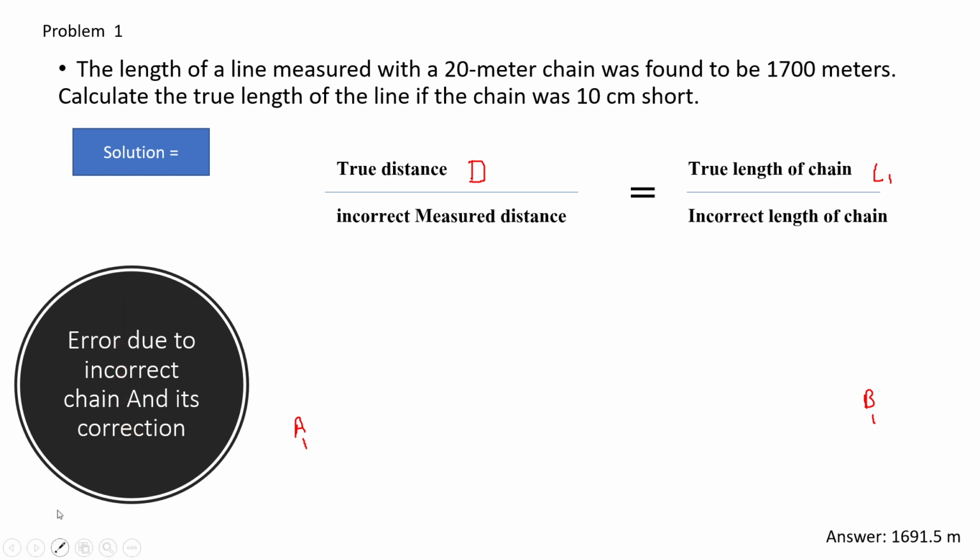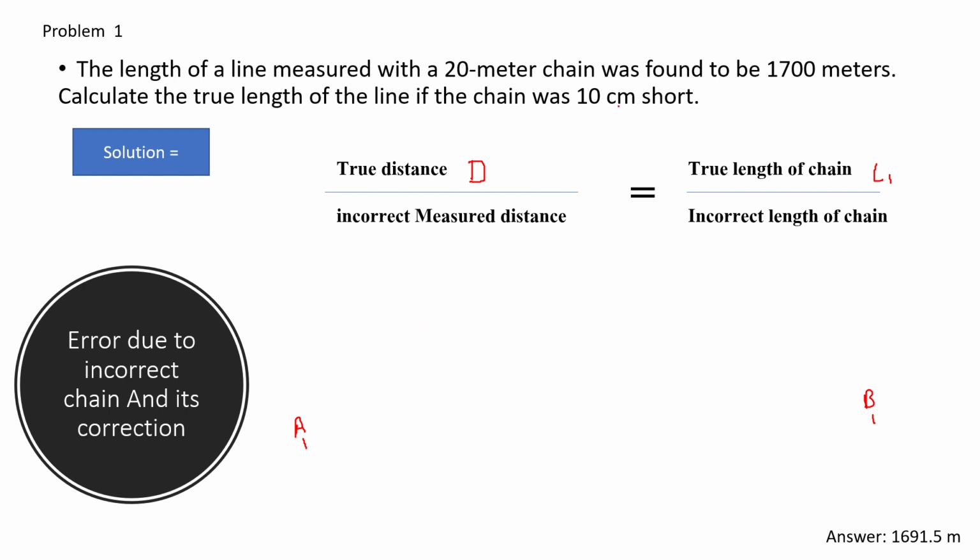How many times have we laid the chain for measuring 1700 meters? It will be 1700 divided by 20. That many times we have to lay the chain, so it is 85 times.